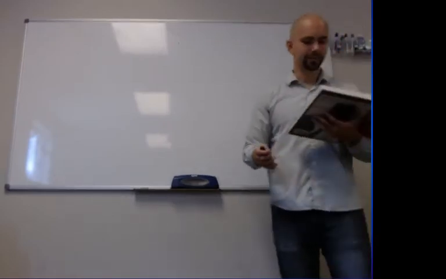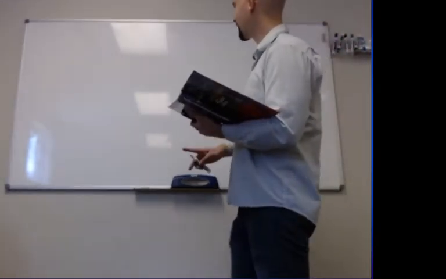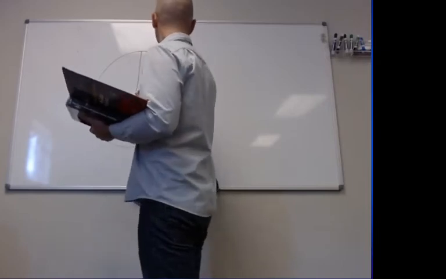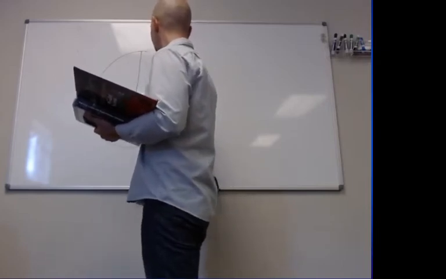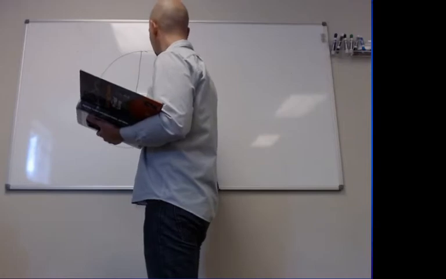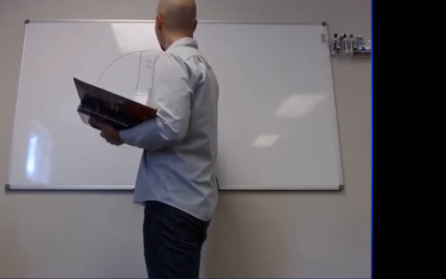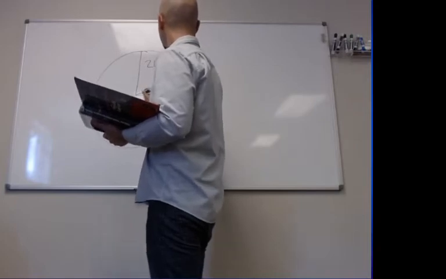So what about the composition of normal air? Like what it's made of? What percentages? 78% nitrogen, 21% oxygen, and 1% other. Good.